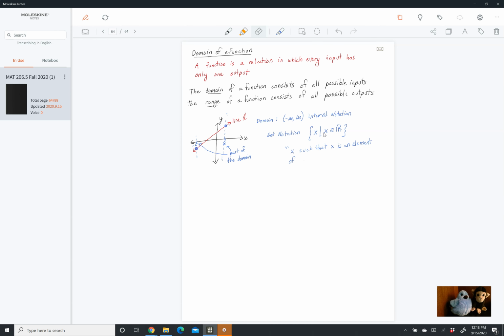And then that r with the double stem is the symbol that we use for all real numbers. Okay. X is an element of all real numbers. That's how we say this, okay? So that's domain. Let's look at range.